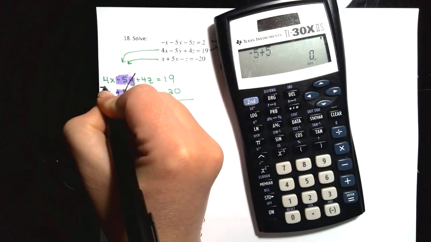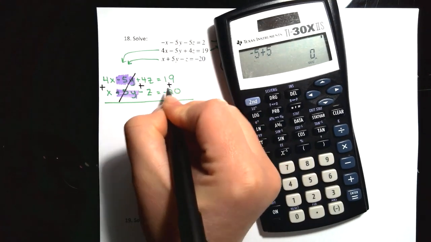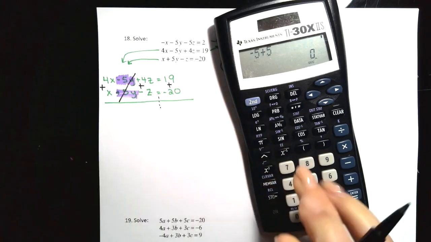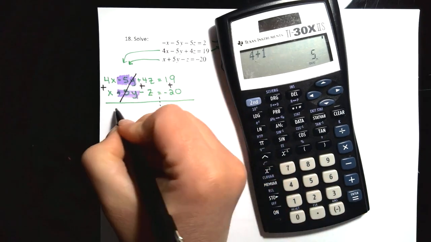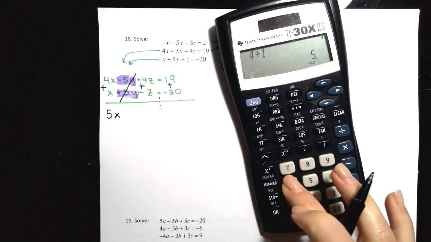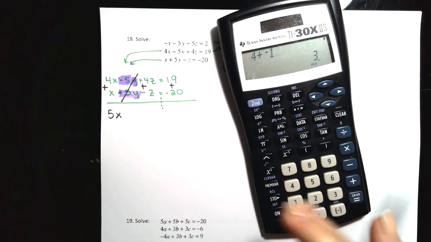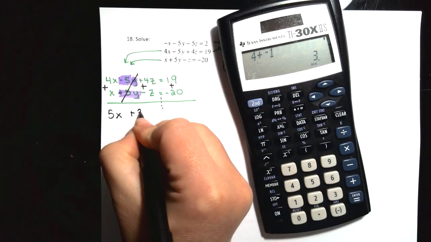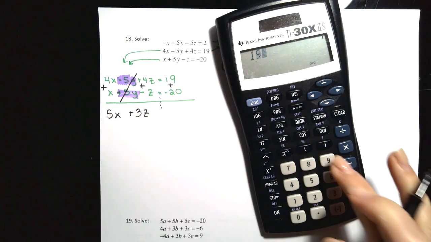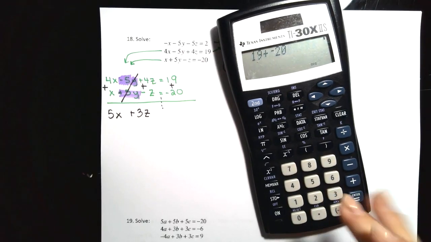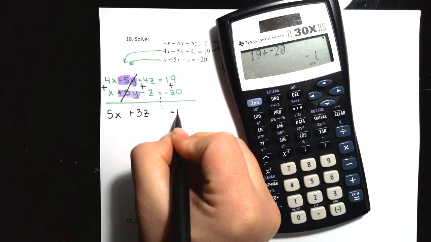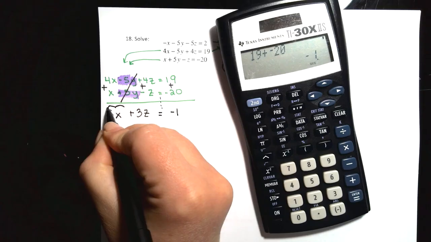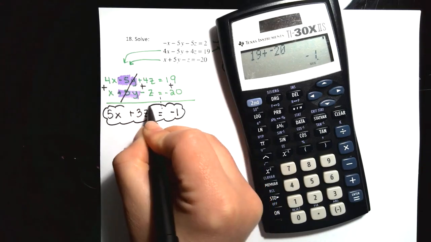So that means I'm going to add, and add. Dotted line for balance. 4 plus 1, that is 5x. 4 plus a negative 1, that is positive 3z. 19 plus negative 20 gives me negative 1. Again, if you can simplify here, please simplify.